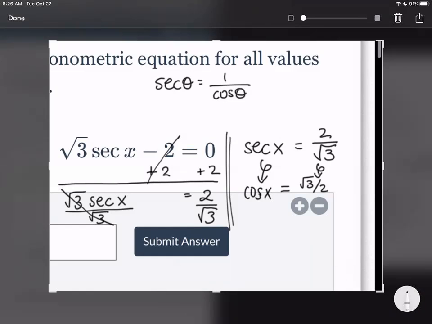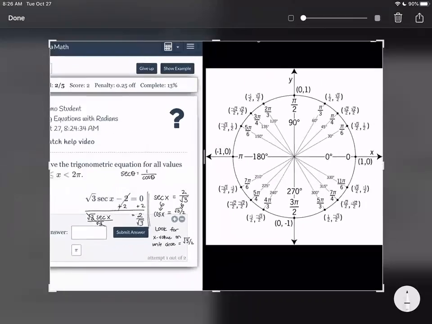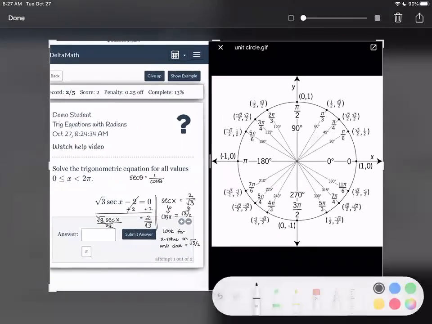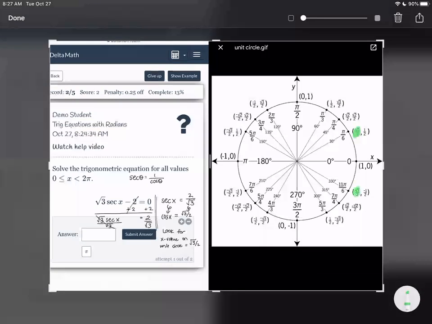Doesn't look like you guys have a question, but if you do, just remember to interrupt me. And so remember that according to the chart I wrote earlier, cosines have to be x values. So we're going to look for x value on the unit circle to be equal to radical 3 over 2. So let's go look for that. Where on our unit circle can we find the x value to be radical 3 over 2? And I see that right here and right here.